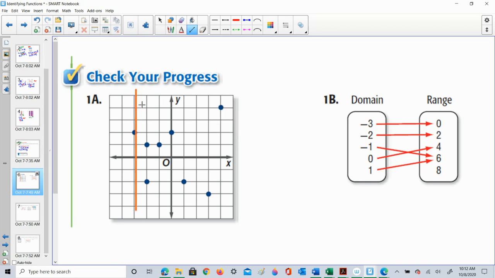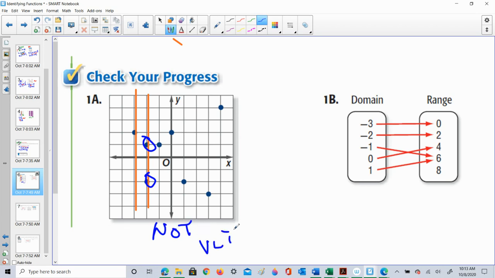I'm not perfect on these, but uh-oh, what just happened there? Did that line touch two dots? Yes, it did. Therefore this is not a function because of this and this. It fails the vertical line test.